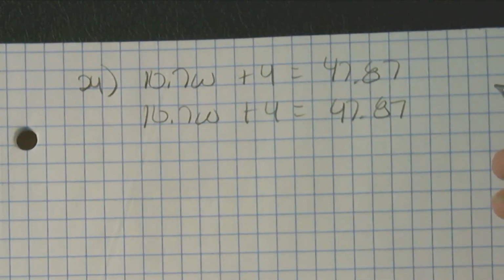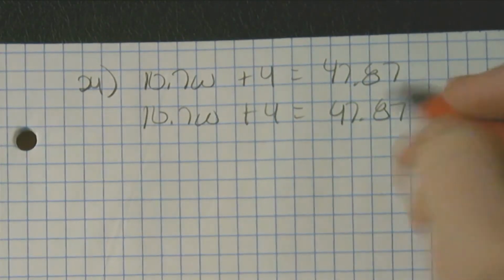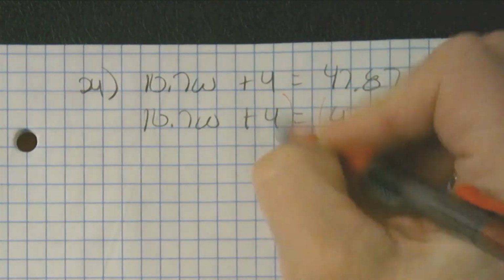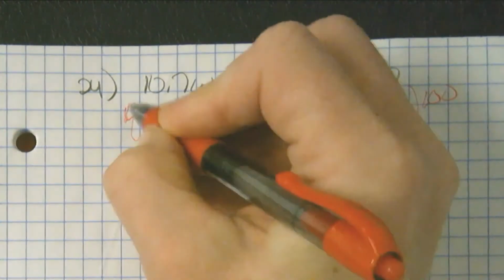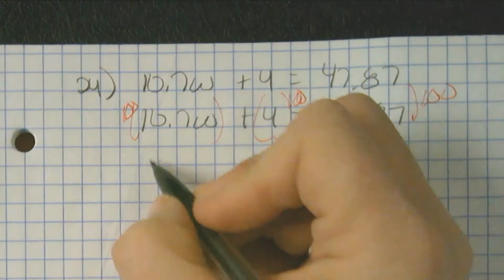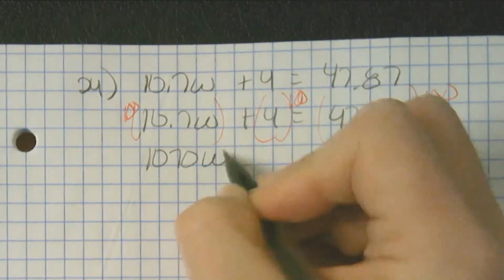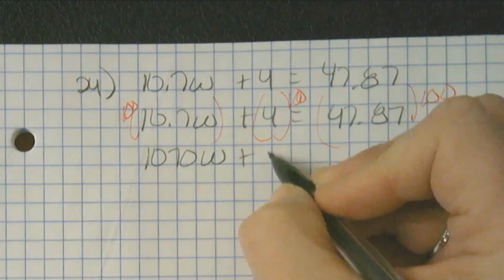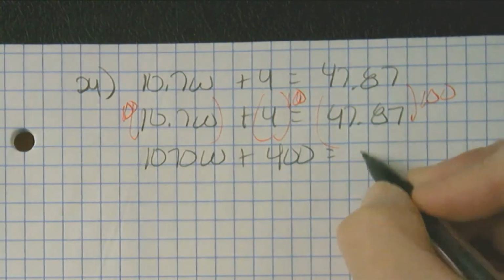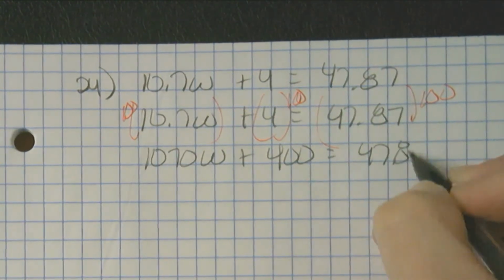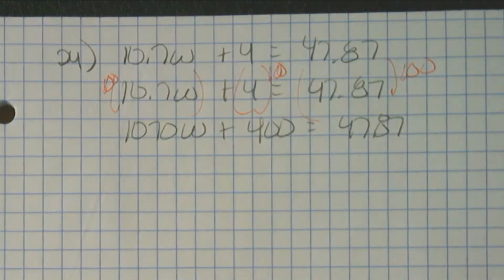And what would that be? Excellent. So I'm going to multiply everything by 100 again. So that first one is going to be 1070w plus 400 is equal to 4,780. Are you cool with that?